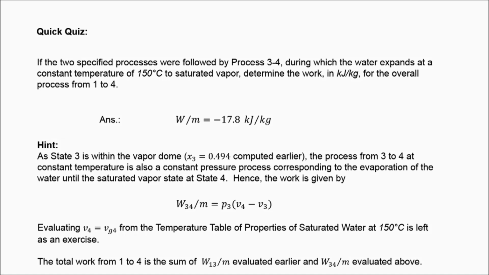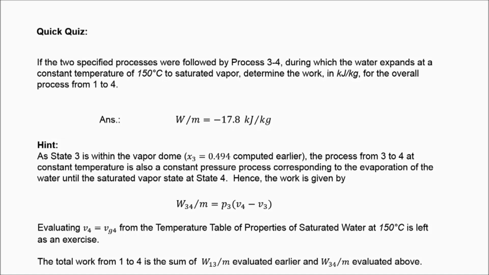State 3 is within the vapor dome, at X3 equal to 0.494 as computed earlier. The process from 3 to 4 is at constant temperature, and is also a constant pressure process corresponding to the evaporation of the water until saturated vapor state at state 4. Hence, the work is given by W34 over m is P3 times (V4 minus V3).